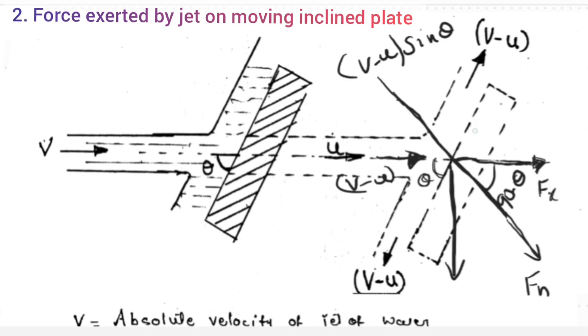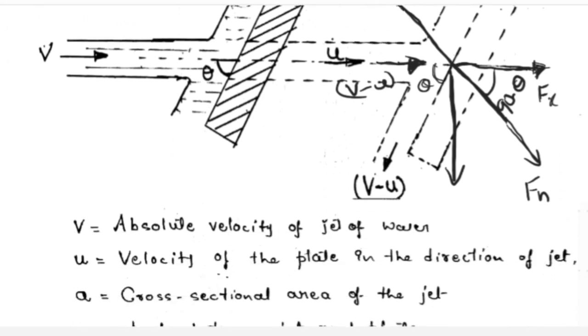Since the plate is inclined, we should consider the force exerted in the direction normal to the plate, that is Fn. The angle between the plate and the jet is theta. We have to derive the equation for Fn first, then resolve this Fn into Fx and Fy in the x and y directions respectively.